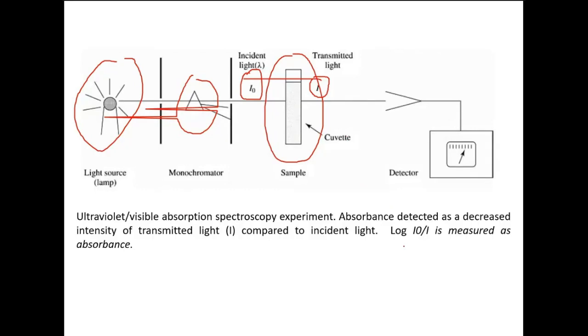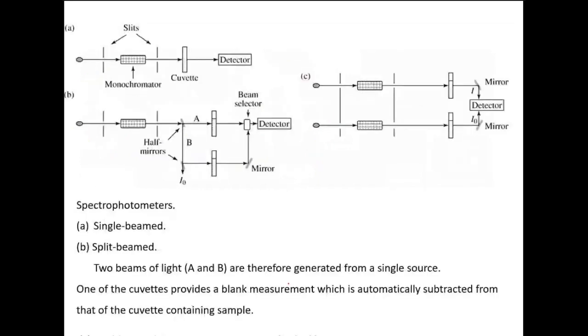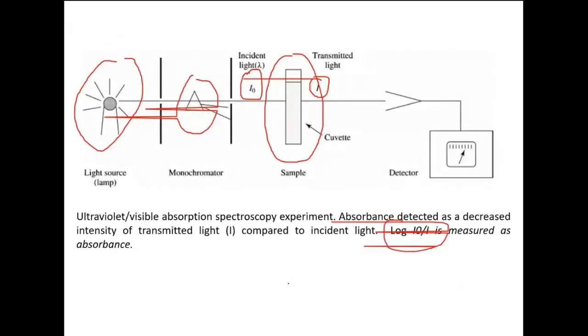So what we are finally measuring is log I naught by I, which is considered the absorbance. The whole concept of UV visible spectroscopy depends on Beer-Lambert's law, which calculates log I naught by I. Depending on the value of I naught by I, you can easily quantify the amount of biomolecule present in your sample of interest.